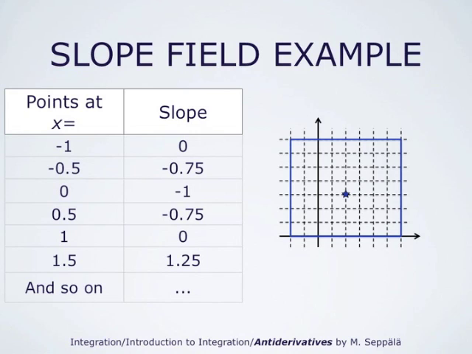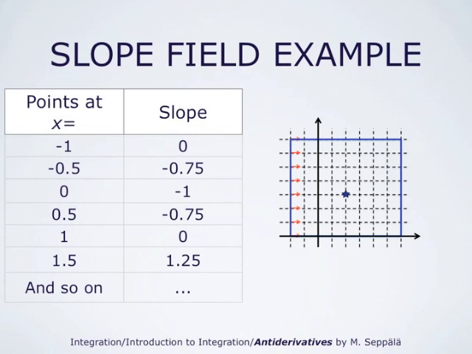So next, we draw these arrows on the grid points, and the slope of the arrow is given by the value of the function x squared minus 1. That is by the rightmost column of this table. So when x equals -1, the slope is 0. Therefore, for all grid points lying over x equals -1, we place a horizontal short arrow.